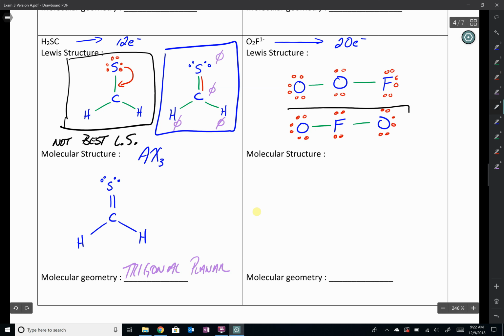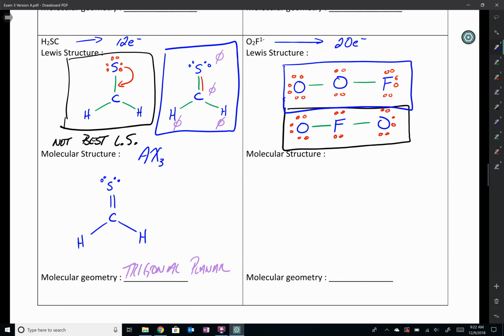Let's box this one in black. The one in black is incorrect. The one in blue is better, from the rules that we know. So go through and figure out why.